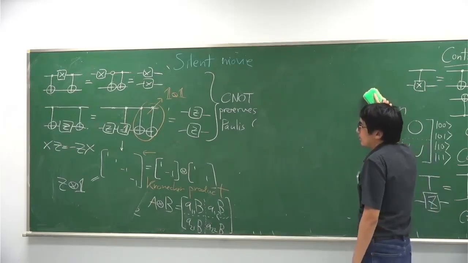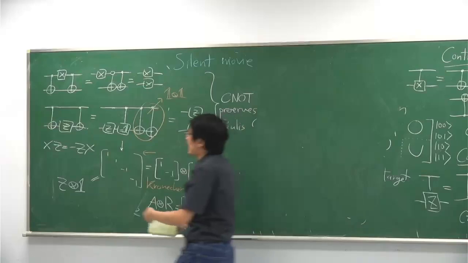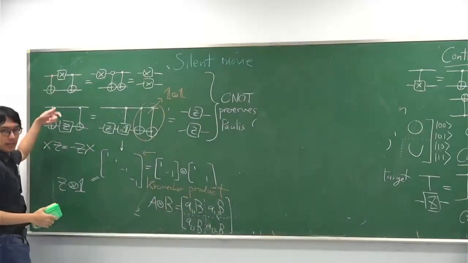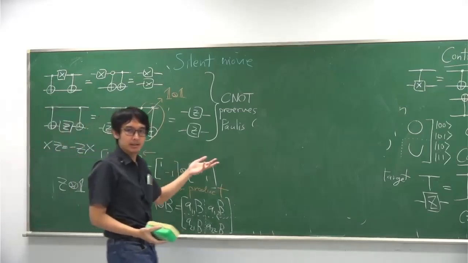Right, because when I conjugate it probably by C naught, so on either wire, I have at most a tensor product, which is always bad.